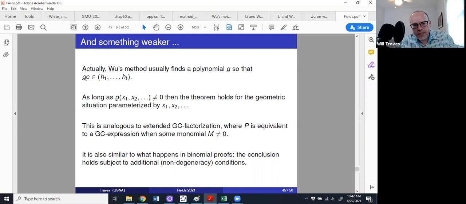So this is like a side condition. G represents a side condition, which you can think of maybe as non-degeneracy, and as long as it's satisfied, the conclusion follows from the hypotheses. And this is analogous to what we were just talking about, side conditions in Grassmann-Cayley factorization and in binomial proofs.